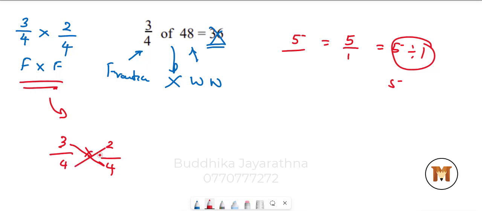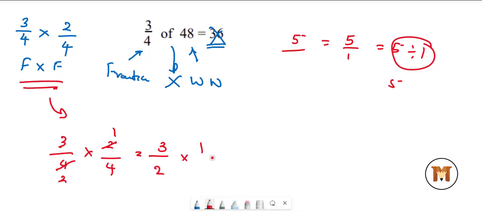So let's see. Now I'm going to cancel. I can use the cancelling method: 2 times 1, 2 times 2. So I make it simpler. Now I have 3/2 multiplied by 1/4.